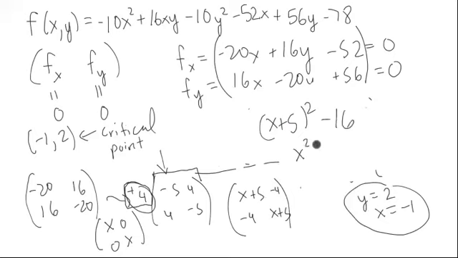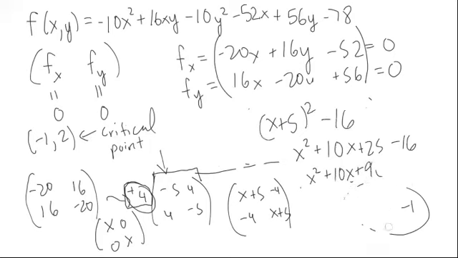So we get x squared plus 10x plus 25 minus 16, which is plus 9. So we get x squared plus 10x plus 9. If we were to factor this, we would have x plus 1 and x plus 9.